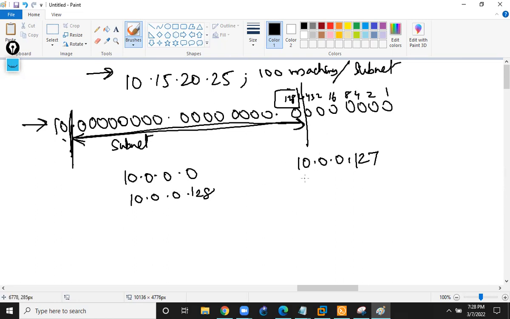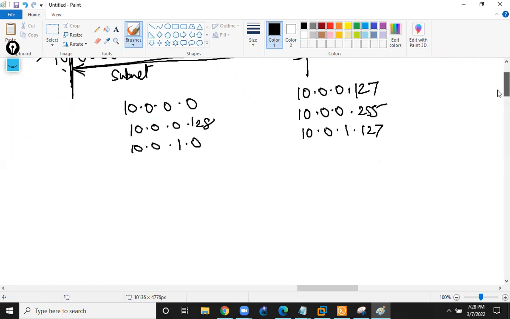And the broadcast address? 255. And the third one? 1.0. Everyone is okay? And what is the broadcast address for this one? 1.127. Yes. Like that, it keeps on going.